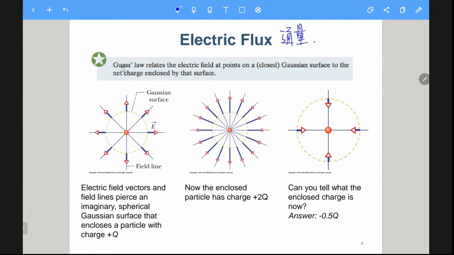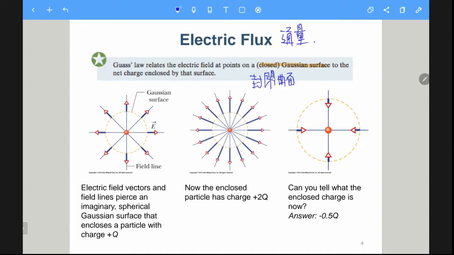Here it says Gauss law relates the electric field at points on a closed surface, which we usually call the Gaussian surface, to the net charge enclosed by that surface. So here is a very important concept called the Gaussian surface, which means a closed surface, 封闭曲面.